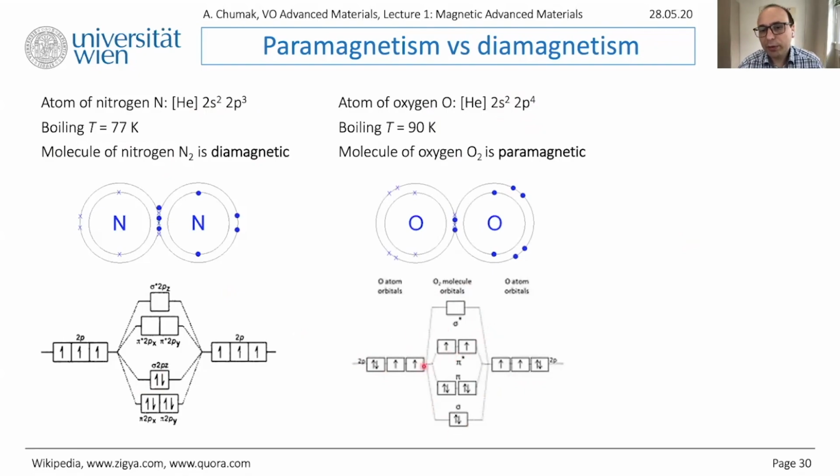So you have an uncompensated spin and a related magnetic moment, which brings you to the statement that the molecule of oxygen is paramagnetic rather than diamagnetic. What's also good for this experiment is that the boiling temperature of oxygen is 90 Kelvin and of nitrogen 77. So liquid nitrogen temperature is sufficient to bring oxygen into the liquid state.